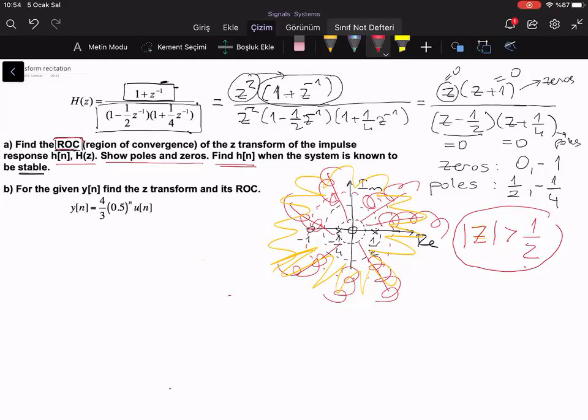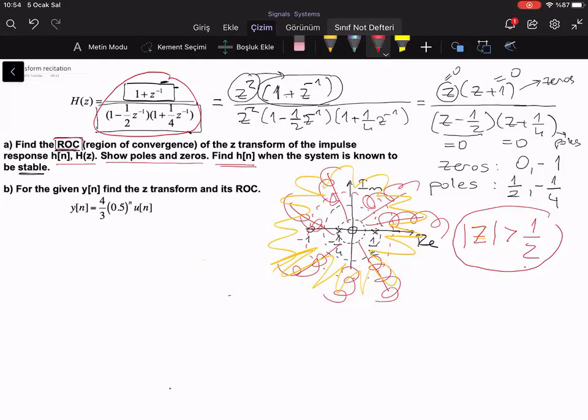You will start working on here. Do you know how to go from here, arkadaşlar? Inverse Z transform. An inverse Z transform. How do we do it? Maybe we take the partial fraction.